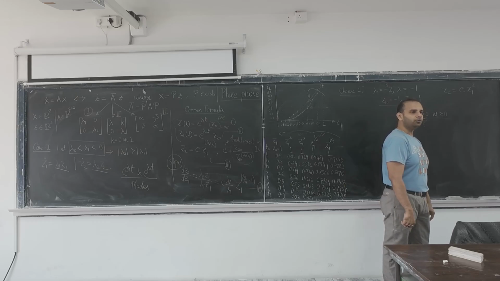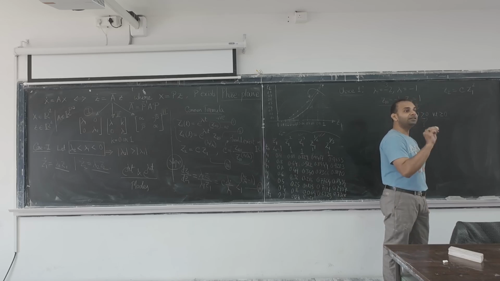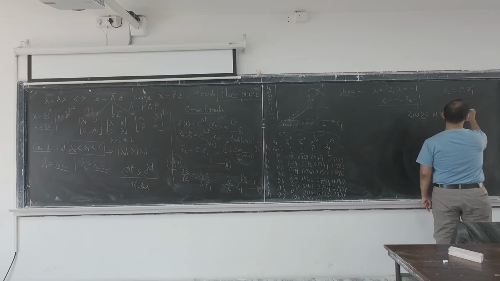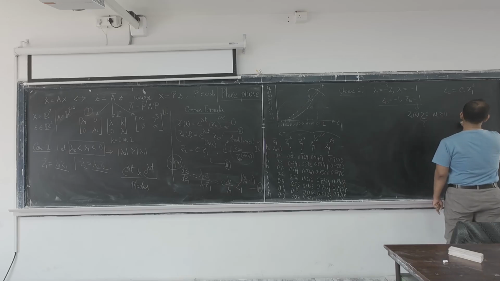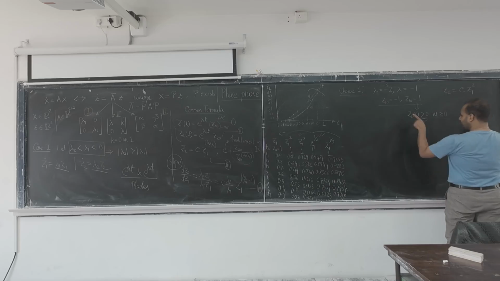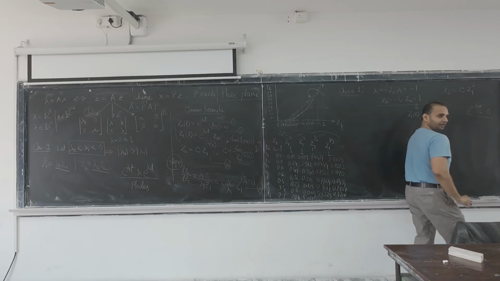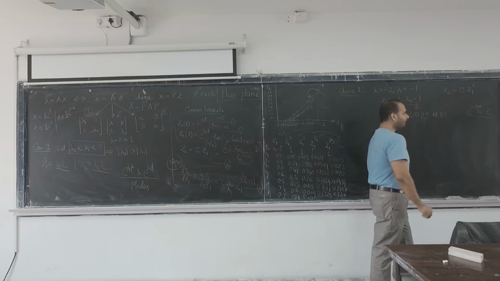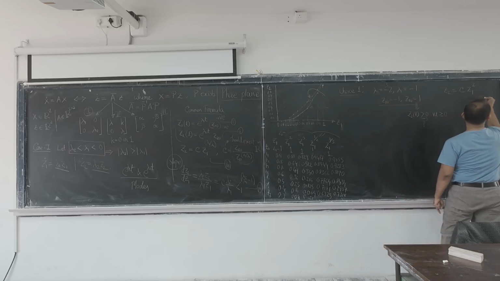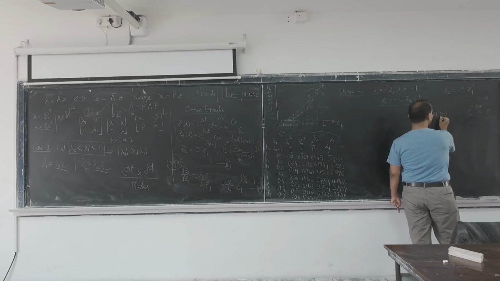Z2 of t will be 0 only if I substitute t by infinity, because e to the power minus lambda t with t infinity is actually 0, right? So for that I have to write t equals infinity, but that is not included.